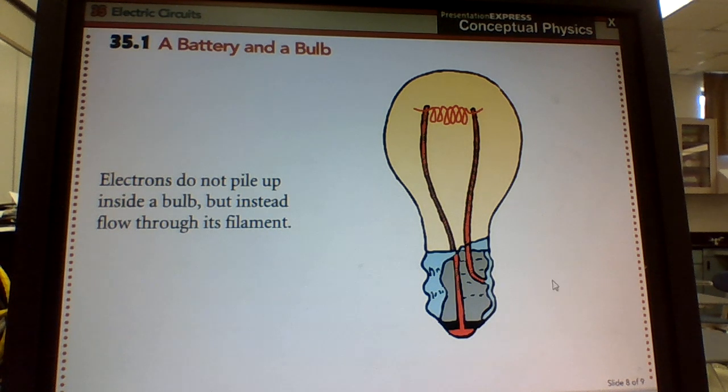It's kind of irrelevant. But basically, when the electrons come in, they pass through our filament. The filament gets hot as a result of the resistance in it and begins to glow. And that's what gives the light off. Then it passes back out the other side and continues back to the battery and then comes back, and so on and so forth.